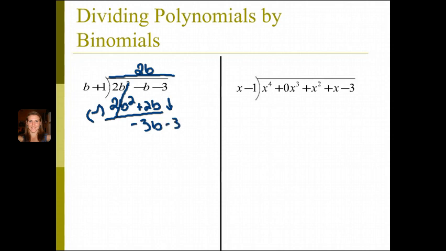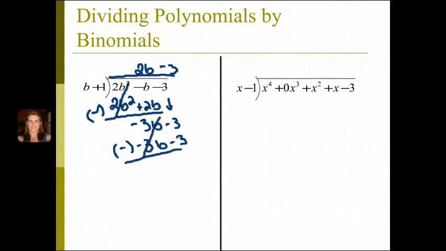And then you have minus 3. Negative 3 times b is negative 3b. Negative 3 times 1 is negative 3. Subtract. The negative 3b's cancel because a negative times a negative is a positive.